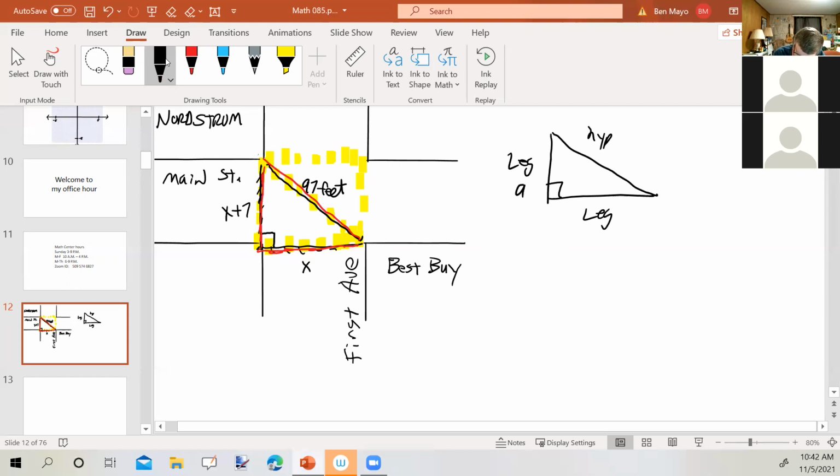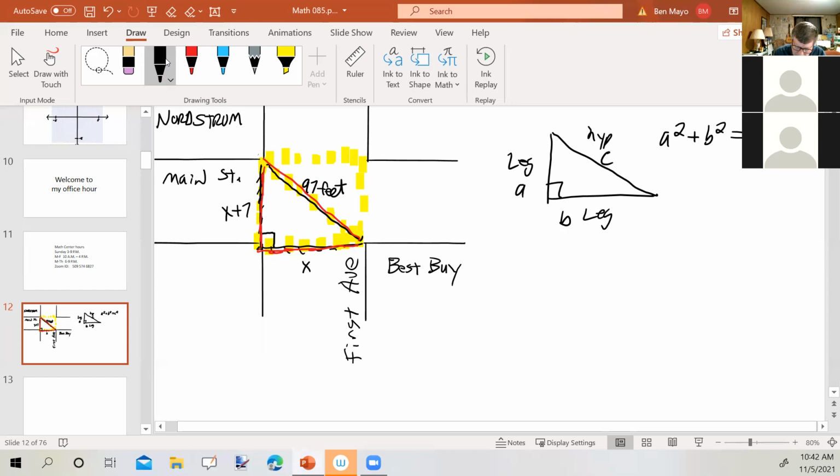The two shorter sides are labeled A and B, and the long side is labeled C. It doesn't matter which leg is A and which leg is B. But for a right triangle, A squared plus B squared equals C squared. That's known as the Pythagorean theorem. We're going to use that to come up with the length of the two legs, okay?